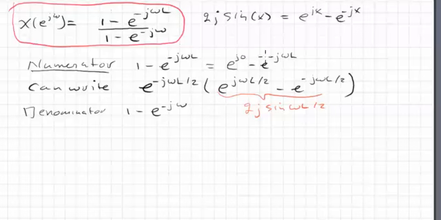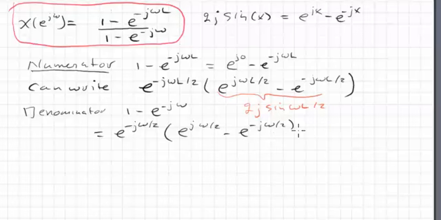Halfway between 0 and omega L is omega L over 2. Now I've got a very similar thing. This is e to the j0. What's halfway between 0 and omega? Well, it's omega over 2. So I can write this as e to the minus j omega over 2 times e to the j omega over 2 minus e to the minus j omega over 2.